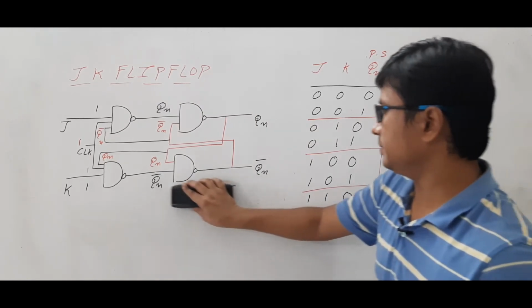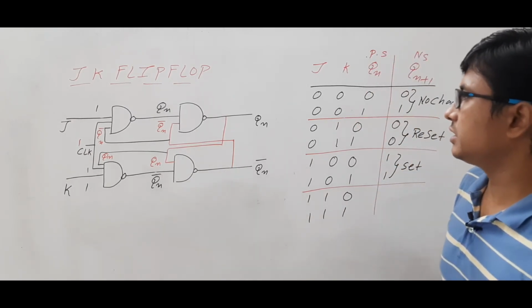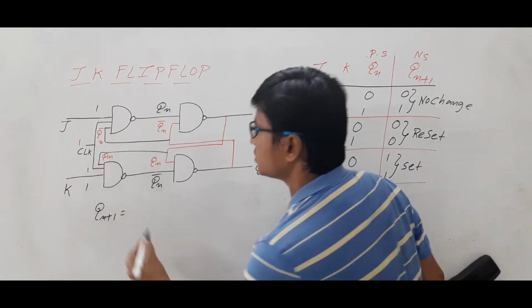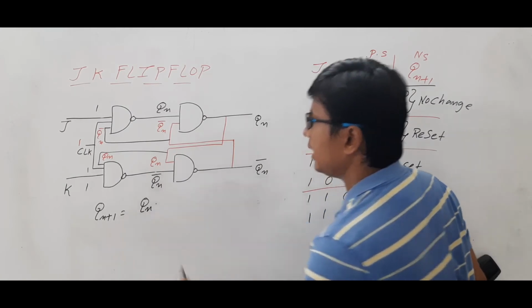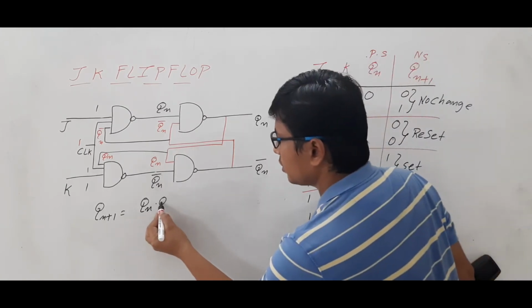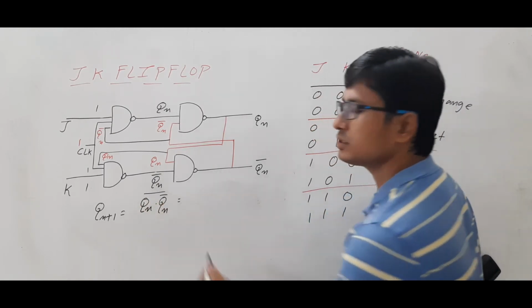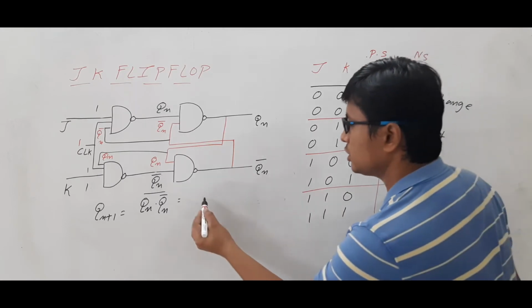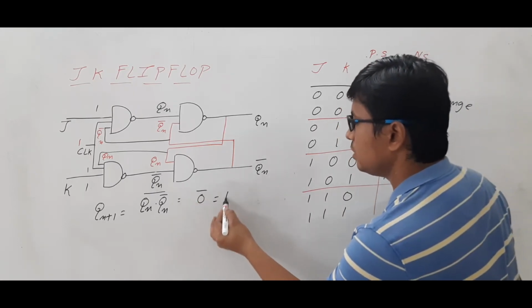Now we will see. Now look at the JK flip-flop Qn plus 1, next state is equal to Qn and Qn complement whole complement. Now it is looking as A and its A's complement is equal to 0, which is equal to 0's complement is 1.